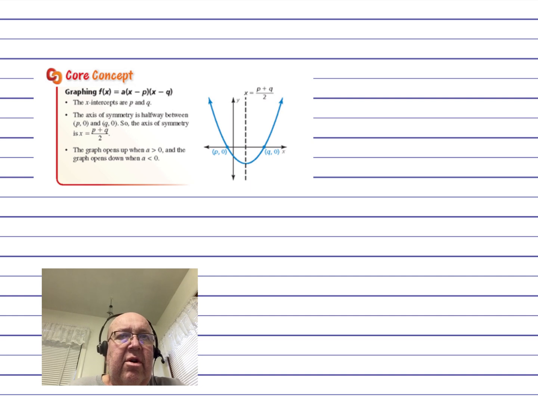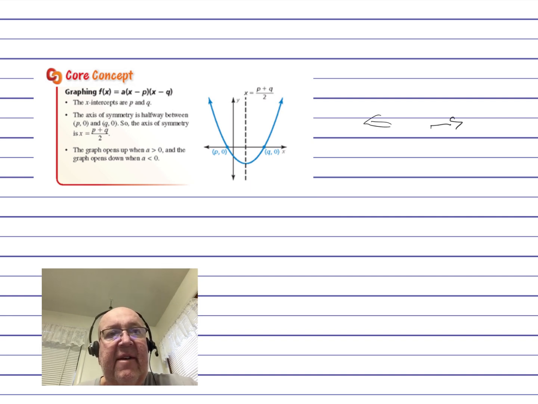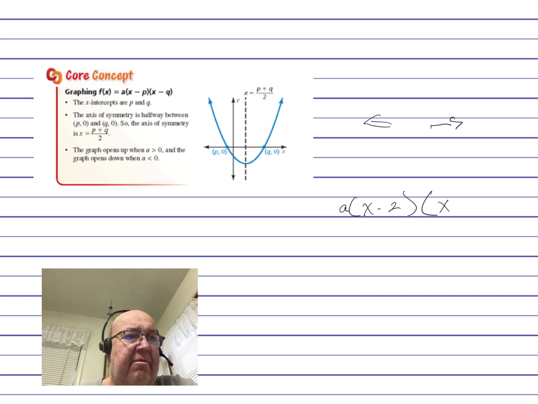The final form is what is called the x-intercept form. So again, if you have a negative, that intercept is going to be to the right, and if you have a positive, that intercept is going to be to the left. So say you have just an a value, and x minus 2, x minus 6.